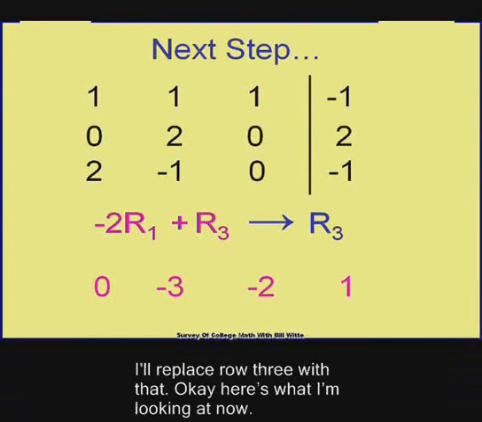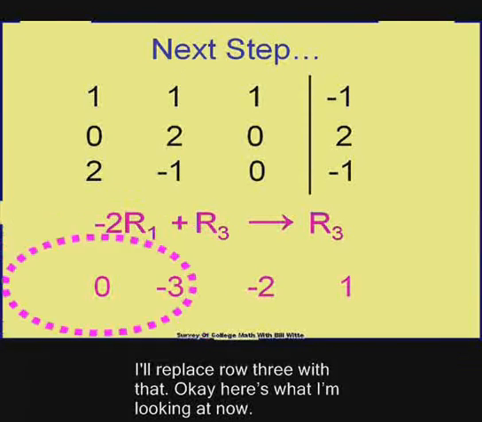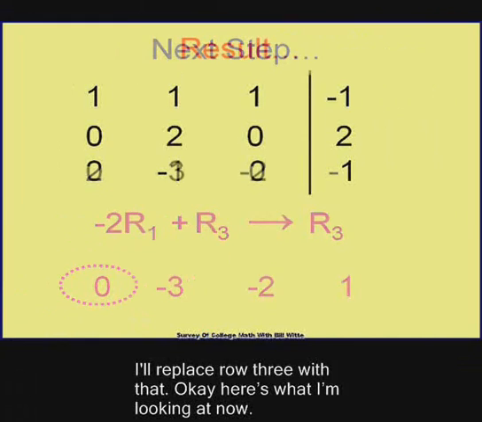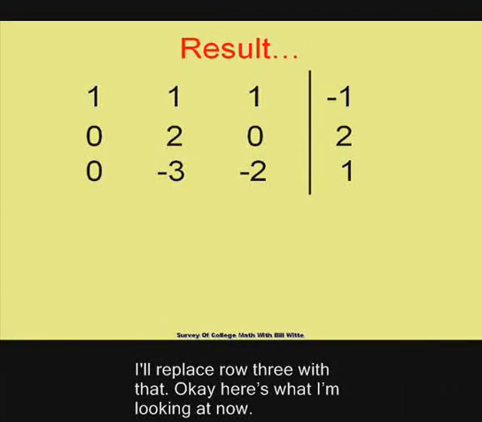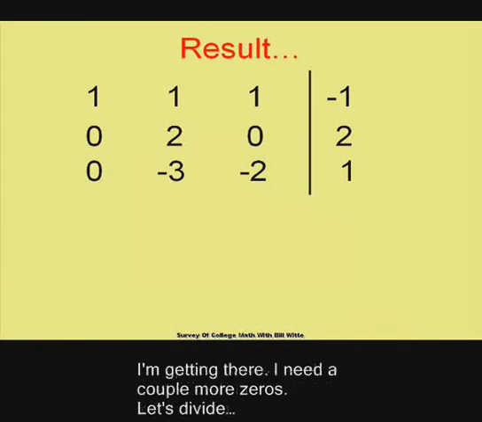Plus negative 1 is 1. Okay? So the only thing I really cleaned up is that bottom left 2, and it turned into a 0, and that's good. And I'll replace row 3 with that. And that's what I'm looking at now. I'm getting there. Need a couple more zeros.